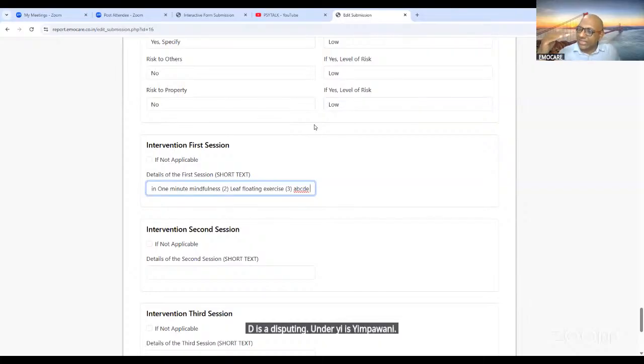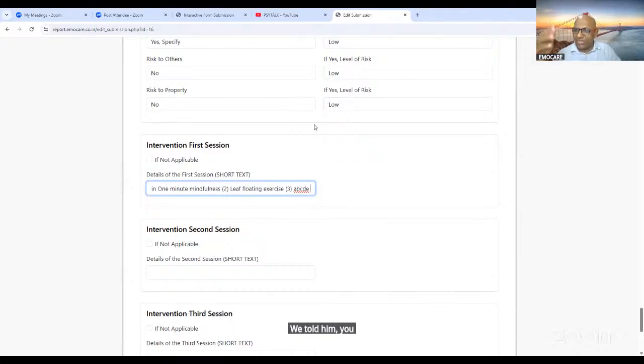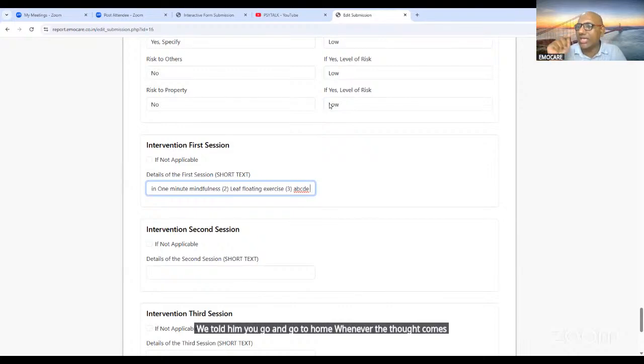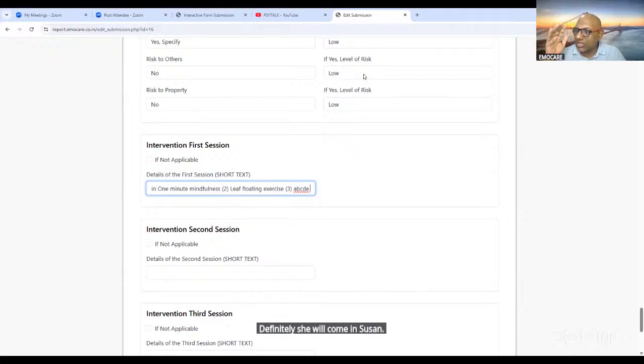We did this in the counseling session, and we trained him to do the same thing at home. We told him, you go home, whenever the thought comes, you do this. Activating event, the girl image. Belief, irrational belief: definitely she will commit suicide.